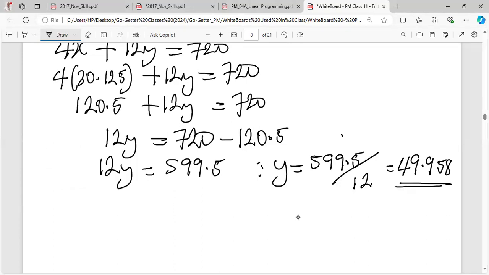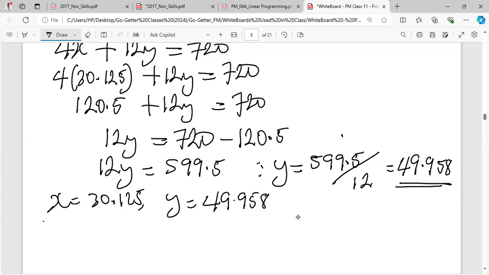All right. So it means that we have x equals to 30.125, y equals to 49.958. So what do we do?